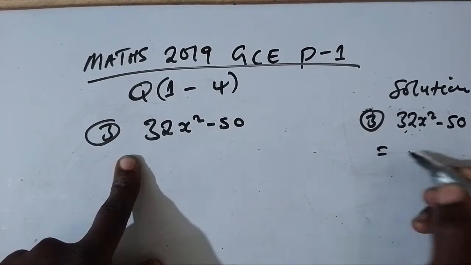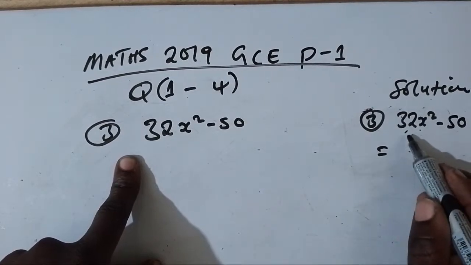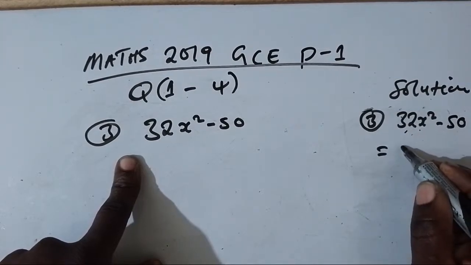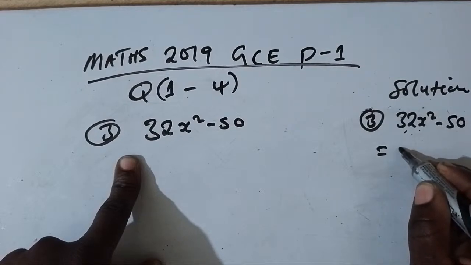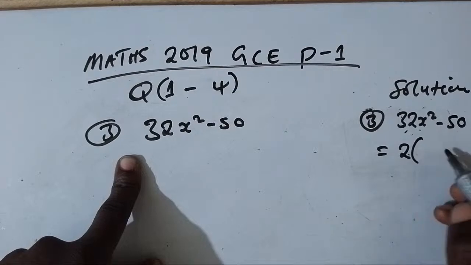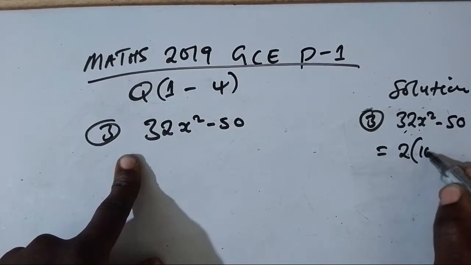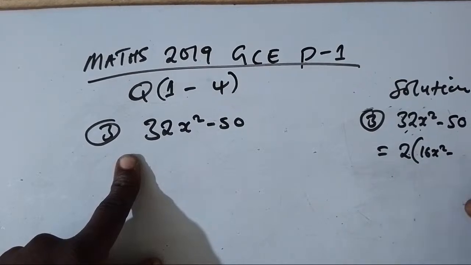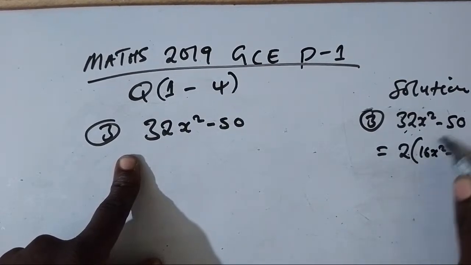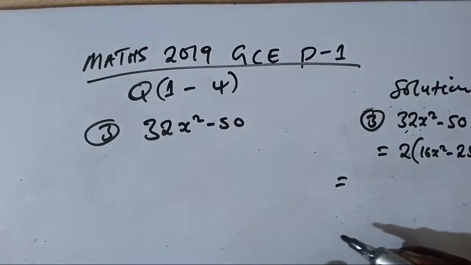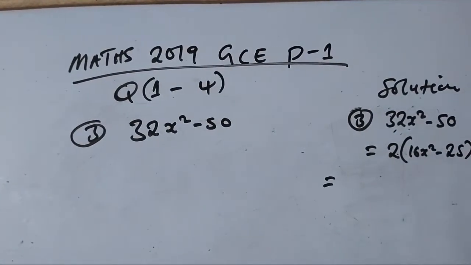So 2 is common. 2 into 32 is 16x squared, minus 2 into 50 is 25.